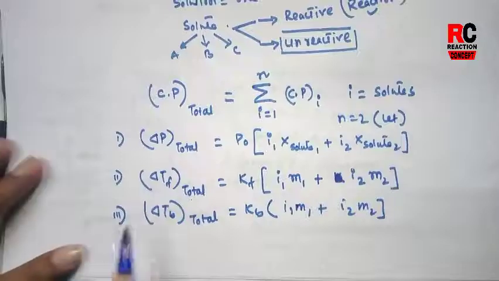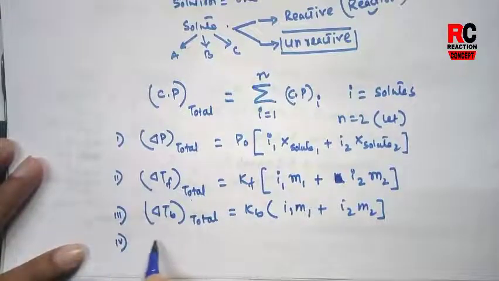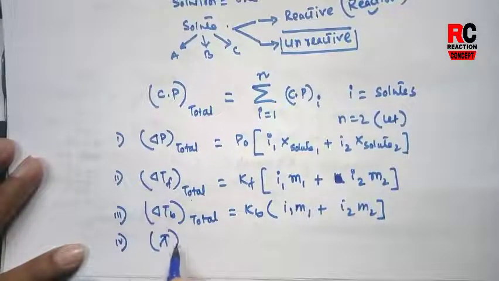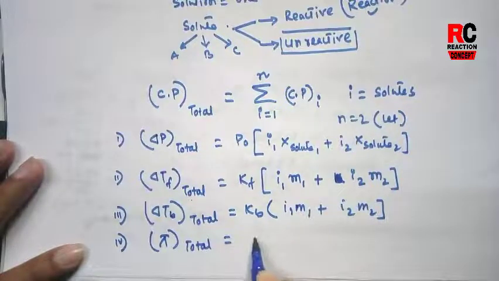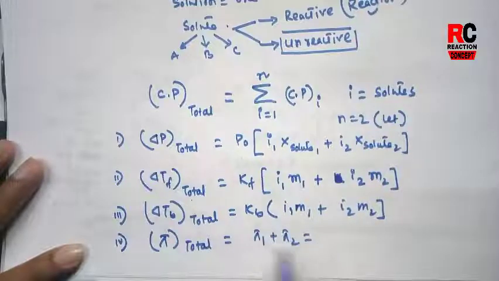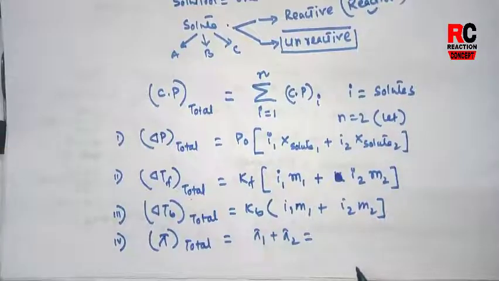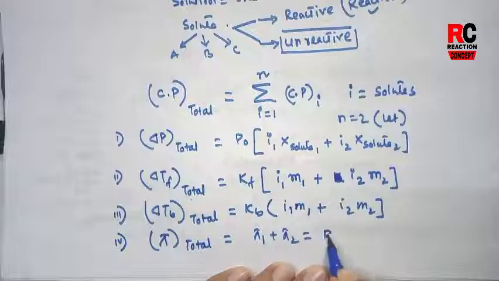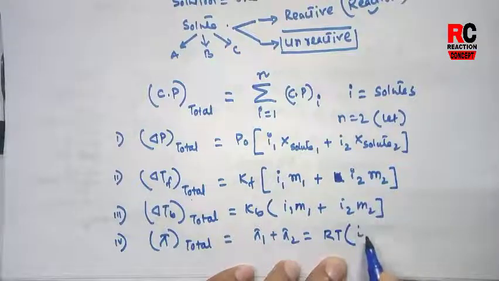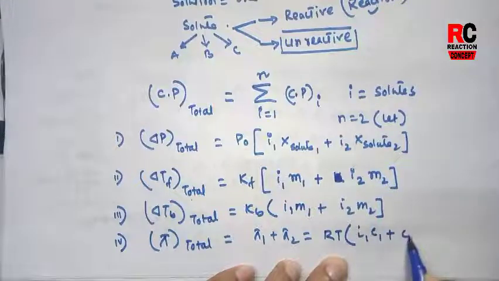The third colligative property, osmotic pressure, for such a solution would be pi 1 plus pi 2, where pi 1 can be represented as RT times i1 C1 plus i2 C2.